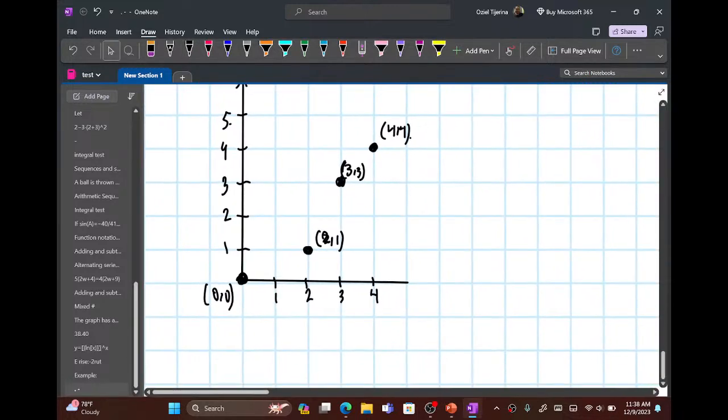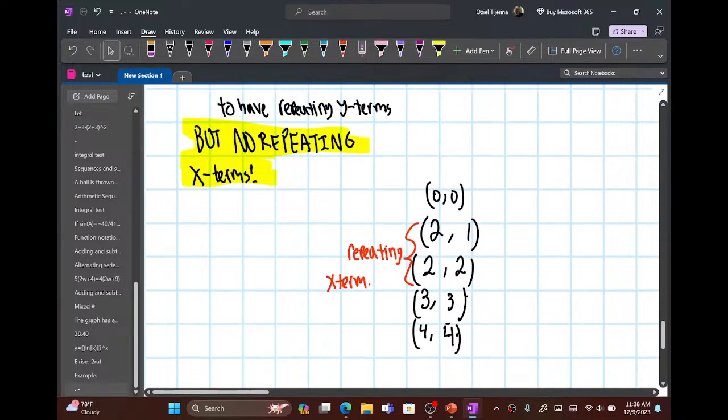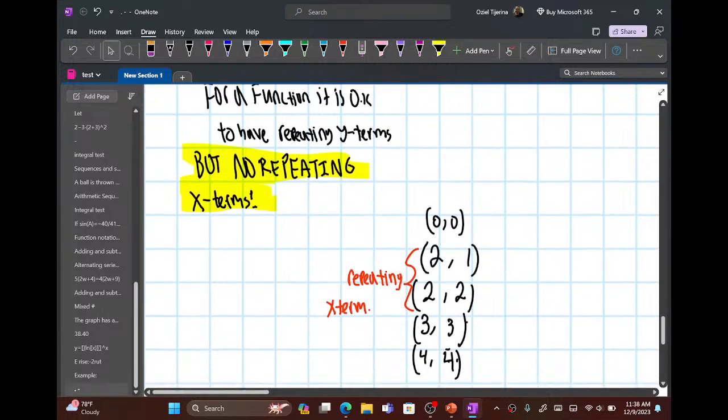Now, I'm gonna just go ahead and take these off because I'm gonna trace it anyways. But I'm gonna do it in green so that you guys can see what I'm talking about. And actually, hold on.